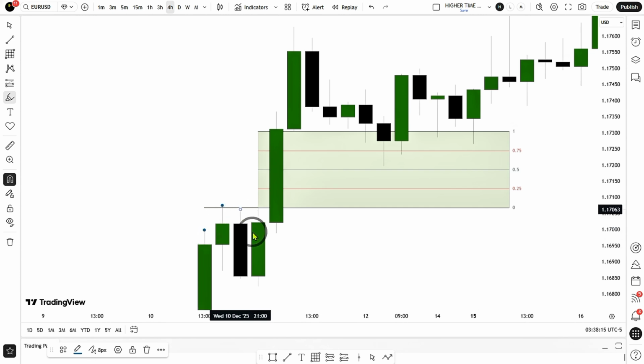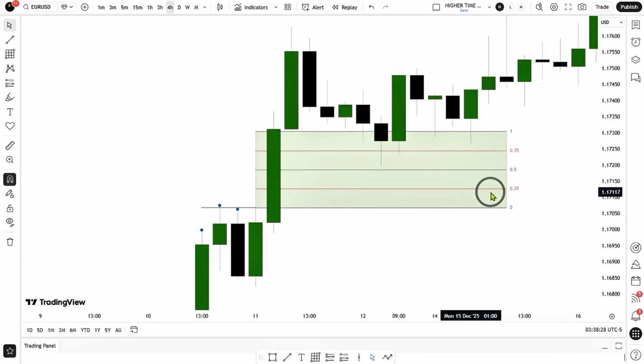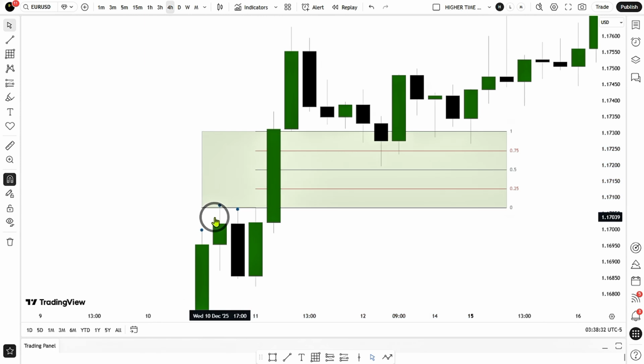See this swing high? This swing high is overlapping with this fair value gap. Even if you extend this box, you'll find that this swing high is overlapping this buy side imbalance.